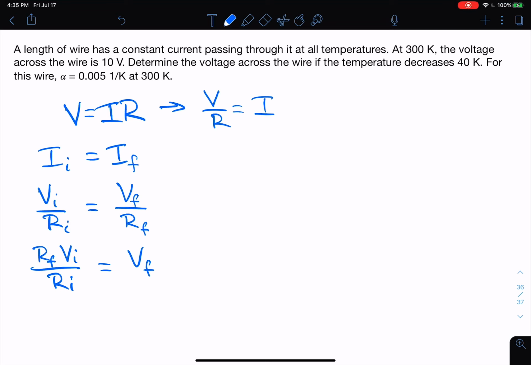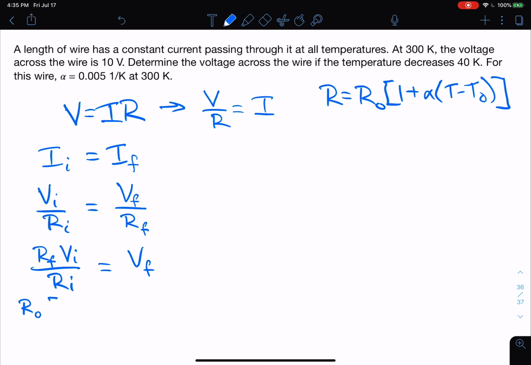So now I can go ahead and put in our big ugly formula for resistance, which remember is this. So if I do that here, RF is going to be, in this, I put R naught.